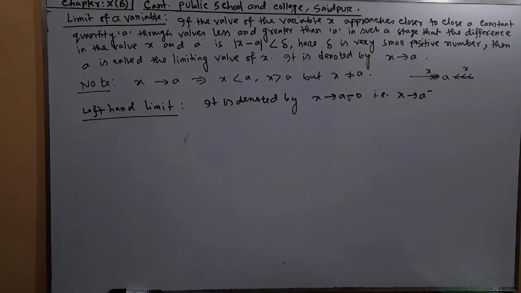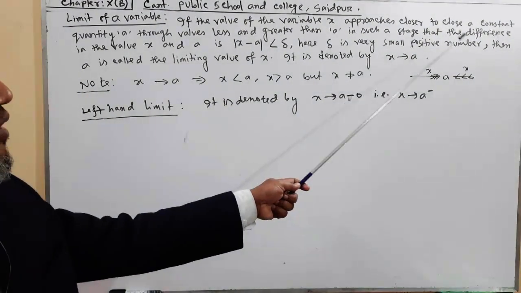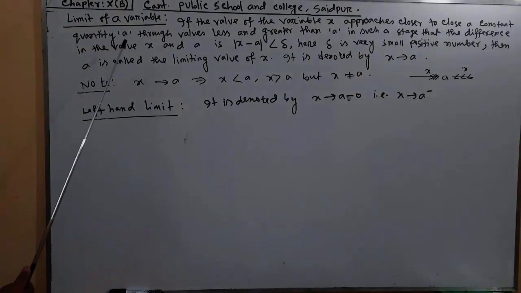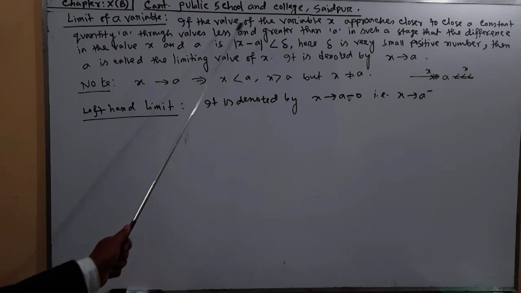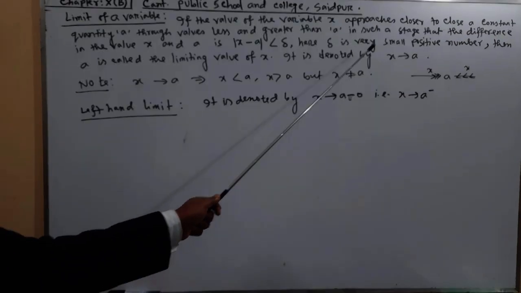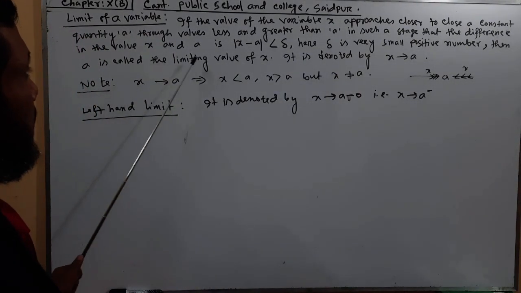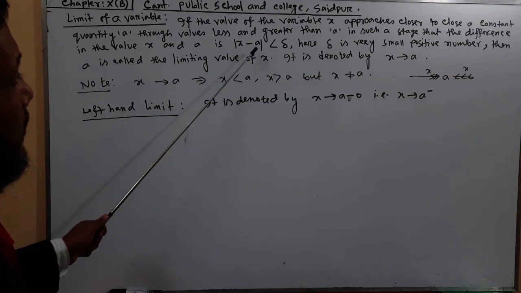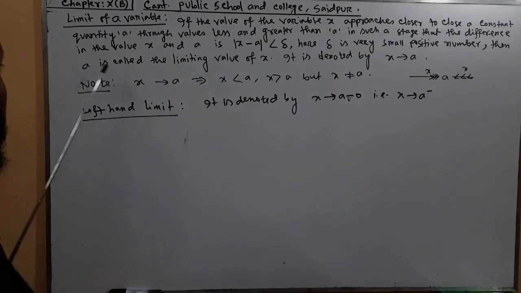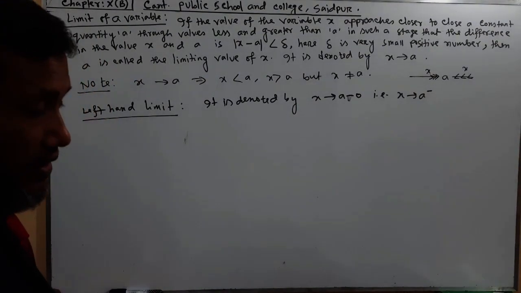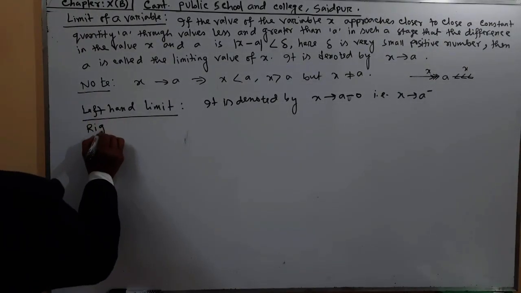What happens for the right hand limit? If the value of the variable x approaches closer and closer to a constant quantity a through values greater than a in such a stage that modulus x minus a is less than delta, where delta is a very small positive number, then a is called the right hand limit of x.